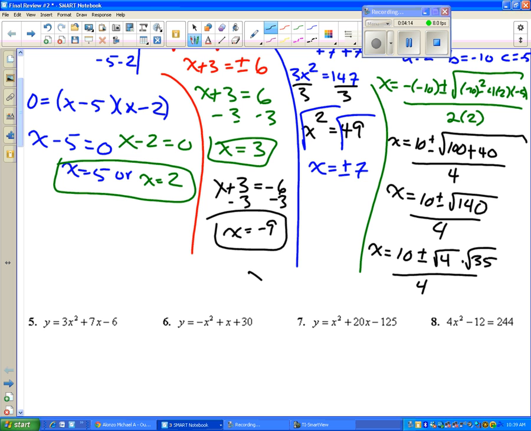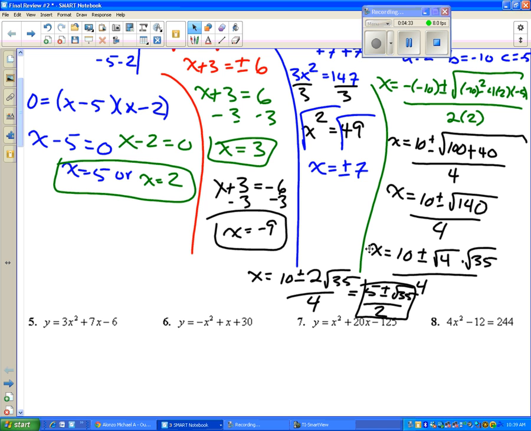So this becomes x is equal to 10 plus or minus 2 square root 35 over 4, and that'll reduce to 5 plus or minus the square root of 35 over 2. How did I get that? Well, I divided a 2 out of both of these and got 2 times 5 plus or minus the square root of 35, and reduced that with the 4 underneath.